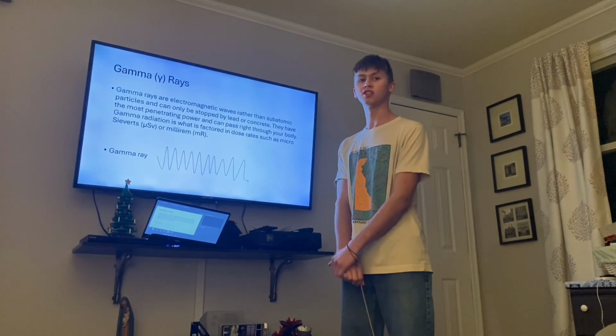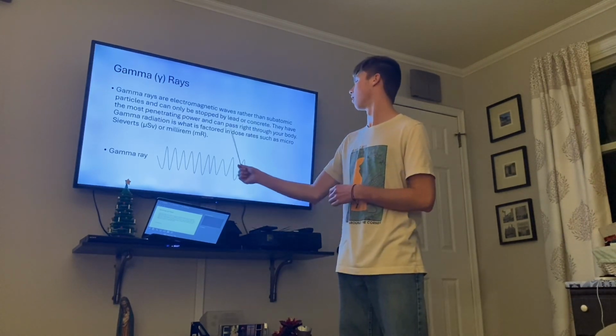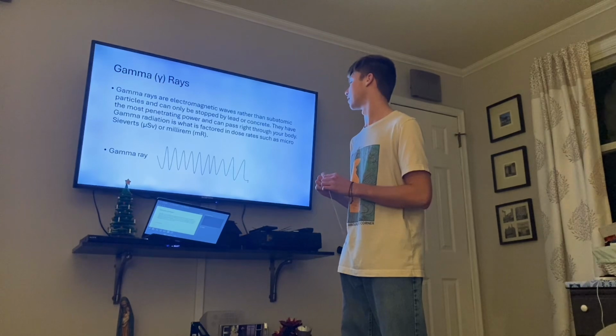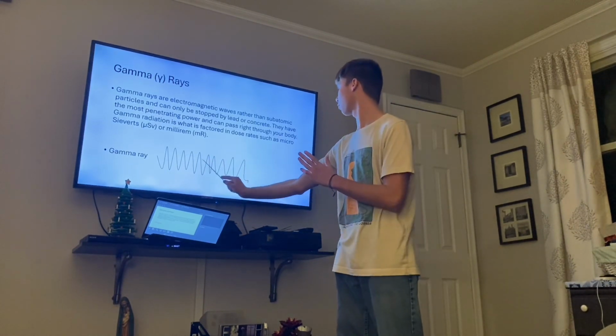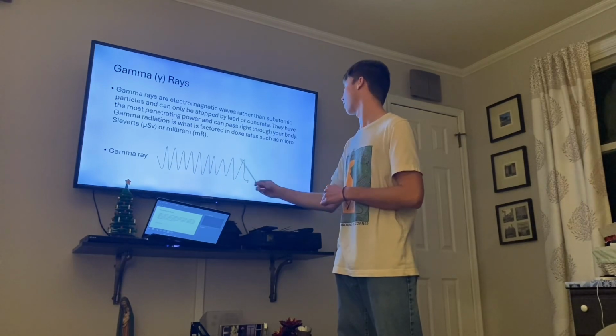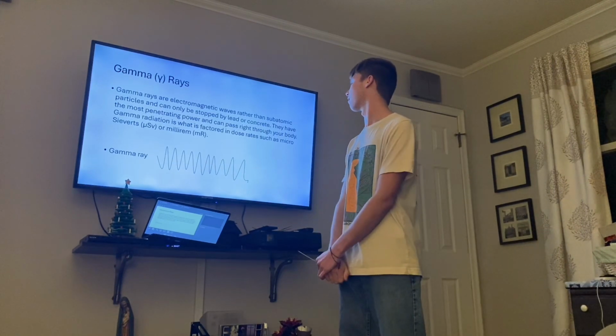That gamma radiation is what's calculated in dose rates such as microsieverts and millirem. And here's a diagram, which shows the tighter the wavelength of an energy wave, the more dangerous it is, because the higher energy it is.